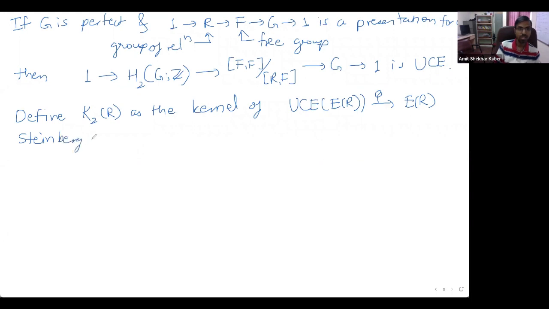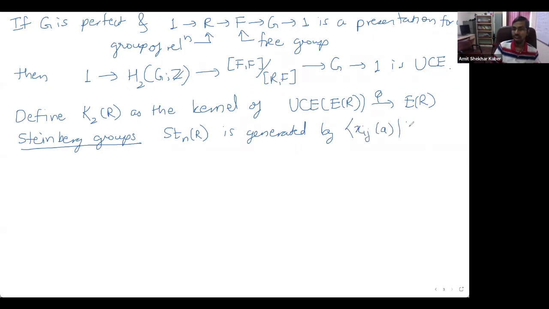So Steinberg groups, defined as St(n, R), are generated by symbols xij(a), where 1 ≤ i ≠ j ≤ n and a is in R.